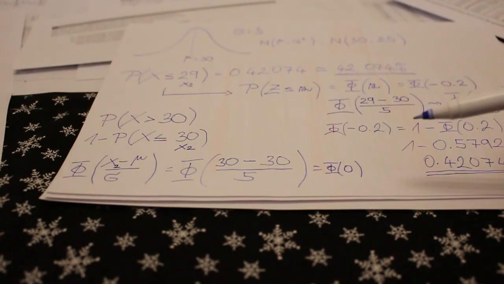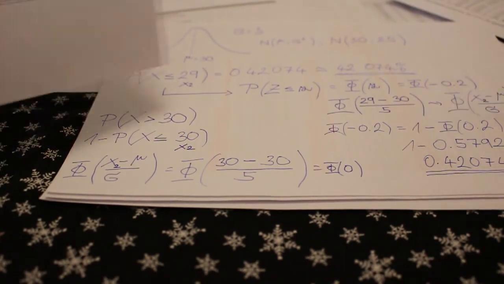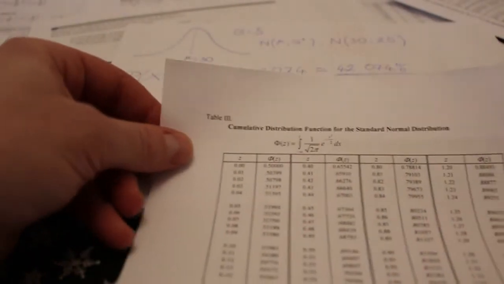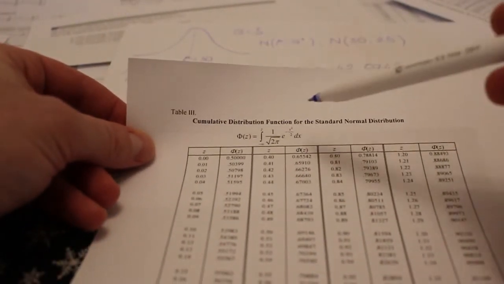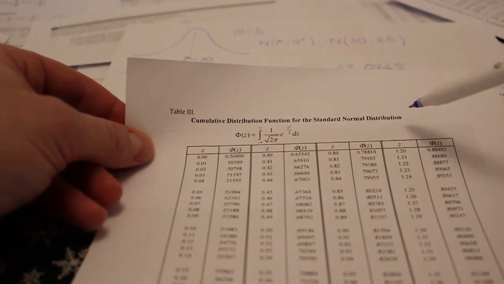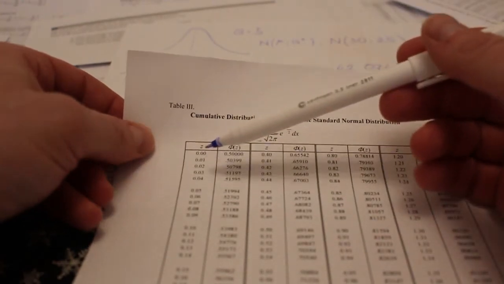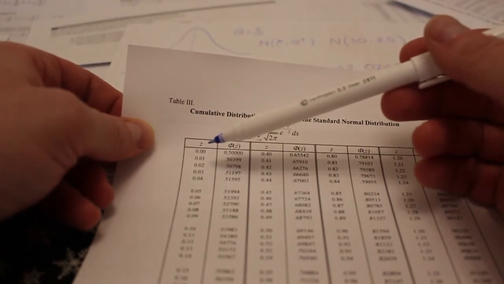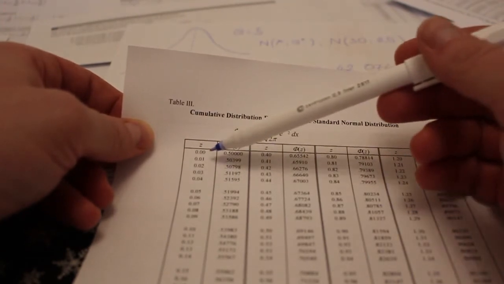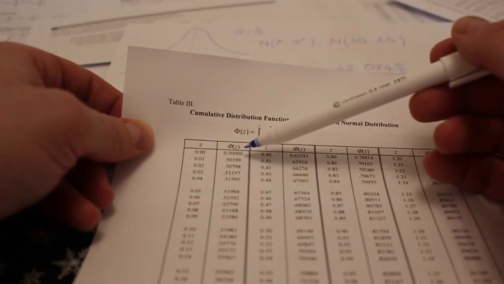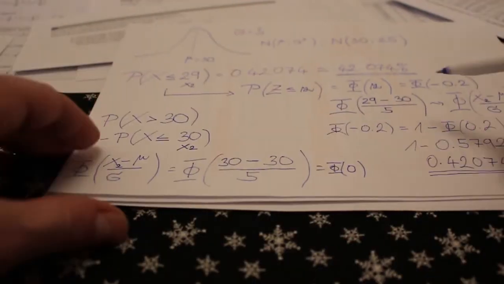So, you can again check your statistical tables, and you can find the cumulative distribution function for the standard normal distribution, and z is equal to 0. This is the first value in the tables, and the result is 0.50.